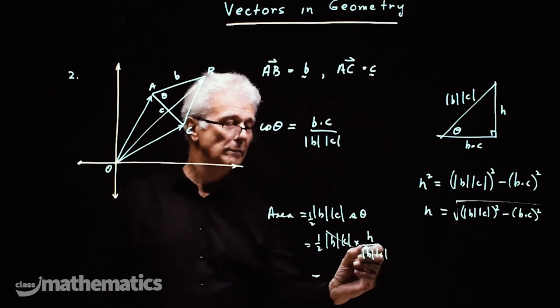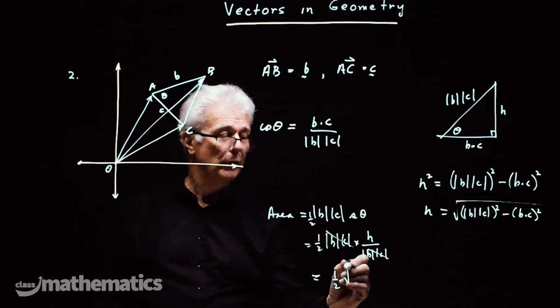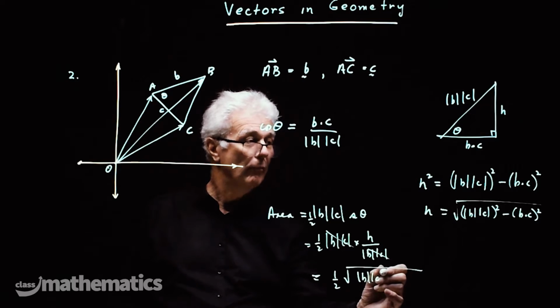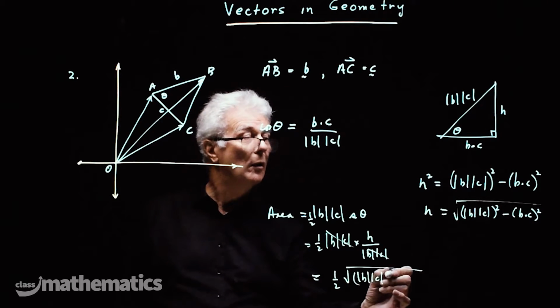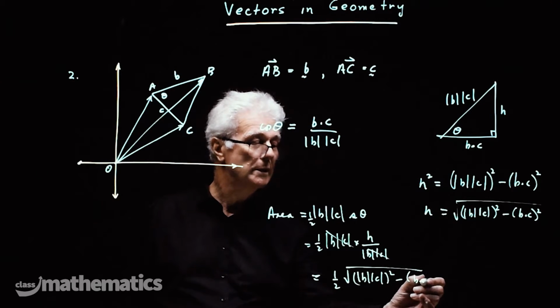So these go out, and that's equal to a half of the square root of the magnitude of b times c all squared minus b dot c all squared.